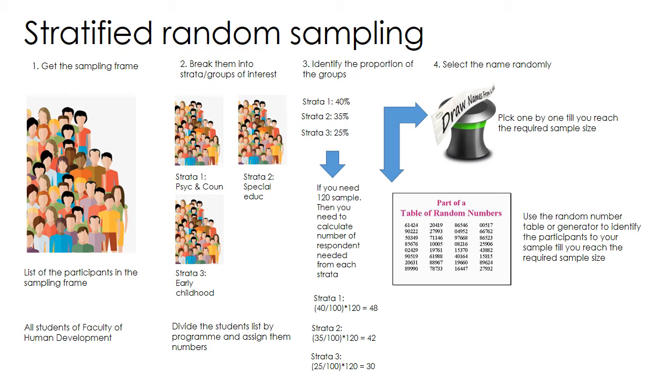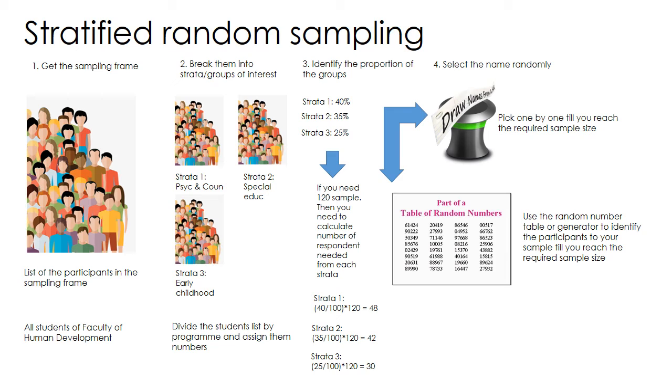So in stratified random sampling, the first step is you get the sampling frame, the list of participants in the sampling frame, and then you break them into strata or groups of interest. If you notice, in this example, we are using the same example, students of the Faculty of Human Development, and in the faculty we have different programs.